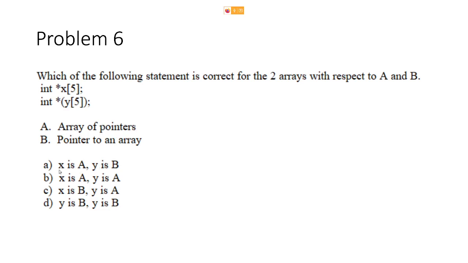The second says X is an array of pointers, Y is a pointer to an array of pointers. So you have these four options, and you have to tell what X and Y are.